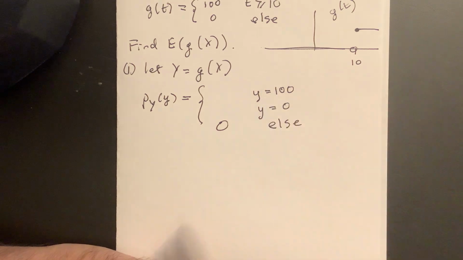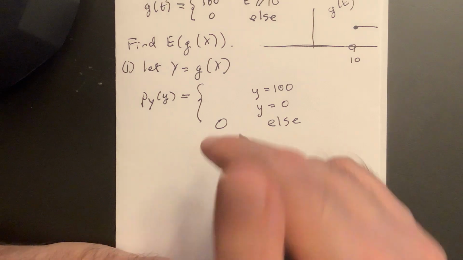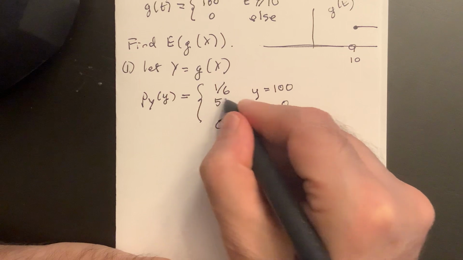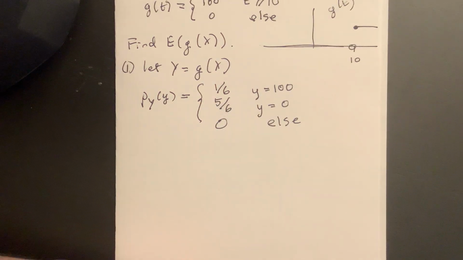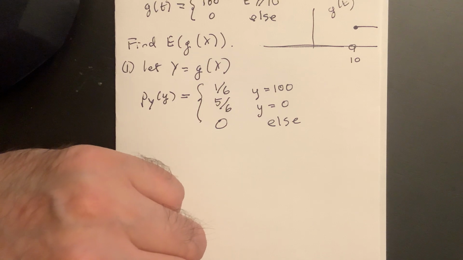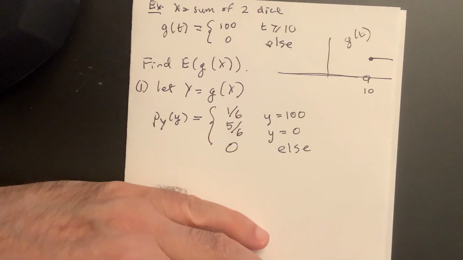So these two have positive probabilities. The probability Y is 100 is if I have a 10, an 11, or a 12, that's 1/6. And this is 5/6. So 5/6 of the time Y will be 0, and 1/6 of the time it will be 100. So in other words, Y really is like a Bernoulli 1/6 random variable. It's a funny way to do it.